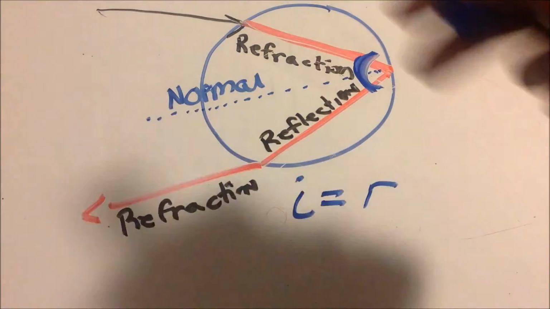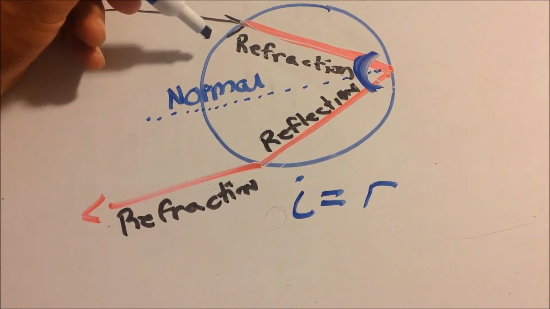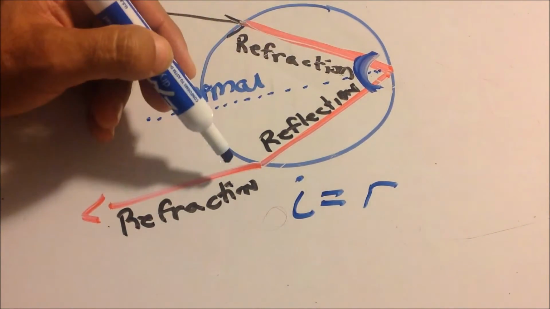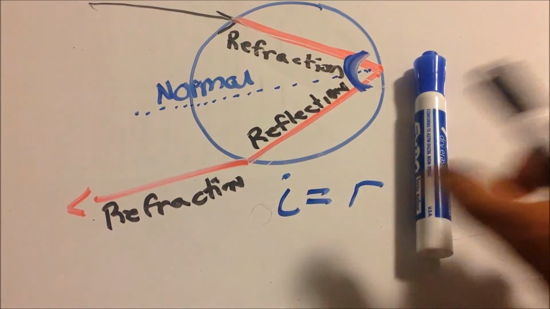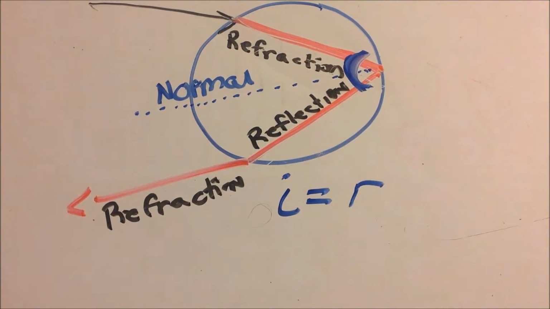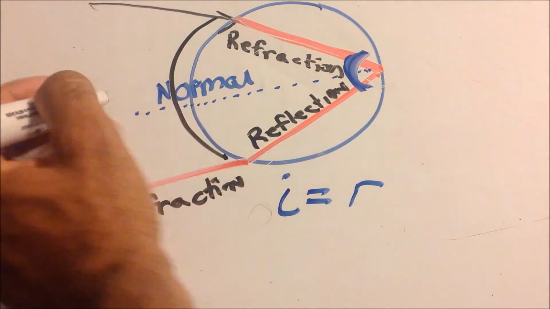Now, the thing about red light is it bends the least. So red light will always come in and exit the raindrop at a 42-degree angle. So this angle right here is 42 degrees.